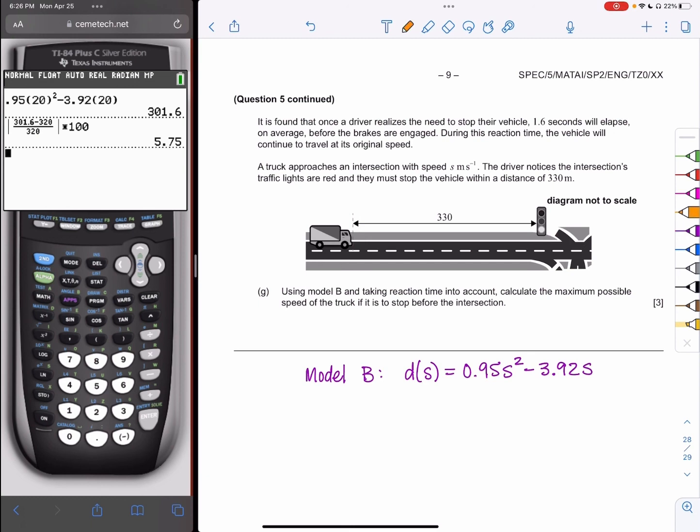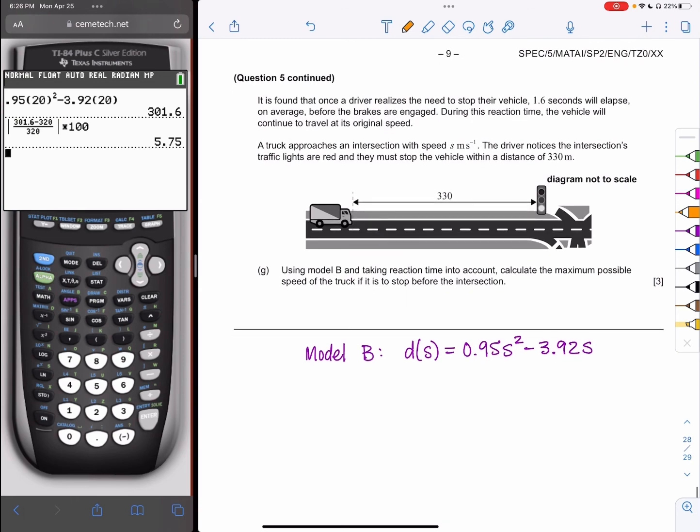In order to figure out what my speed should be, I'm going to say, okay, if it takes on average 1.6 seconds, which is my time, multiplied by my speed, plus the actual braking distance, which is given by 0.95 S squared minus 3.92 S, I need that to equal a total of 330 meters.